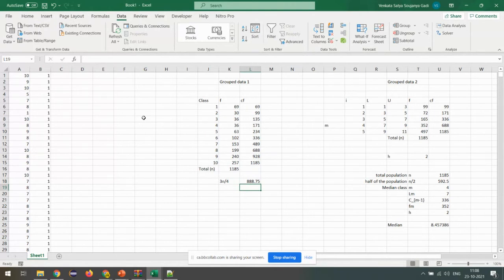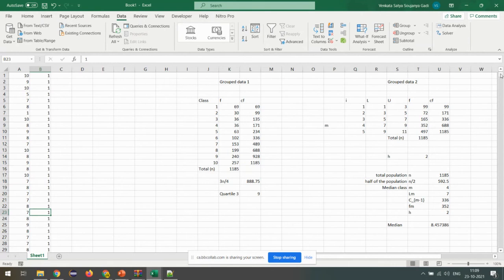888.75. So let us see where this number goes. It is here. The person gave the rating 9. The percent quartile for 3 is 9. So how can we find out from the ungrouped data? We have to go to row 888 and see what rating was given by that person.